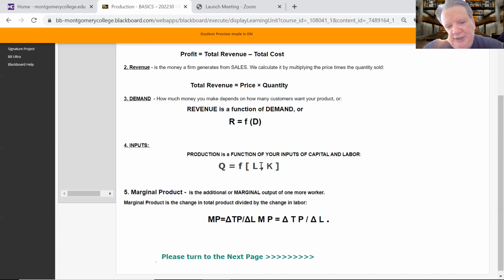Or you might be able to make 100 times the amount of your capital. So if your capital is $500, 100 is your function of $500 in capital. You can make 5,000 quantity.